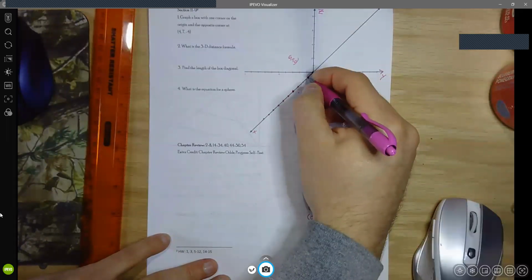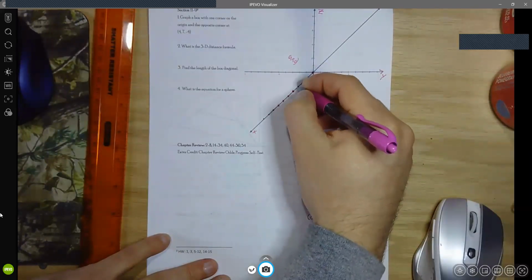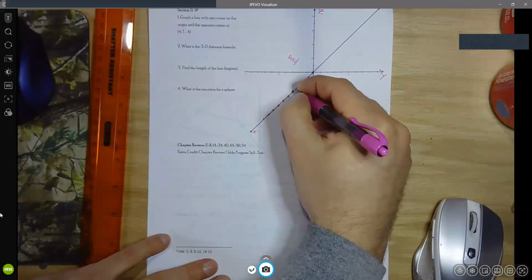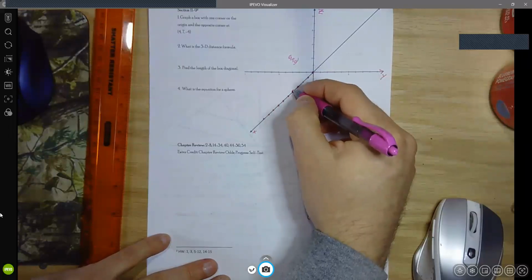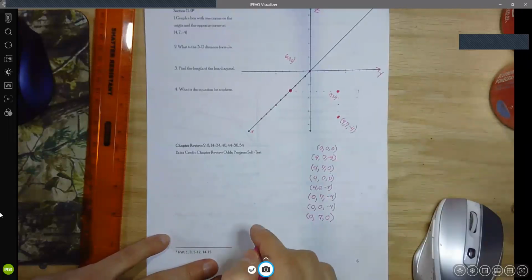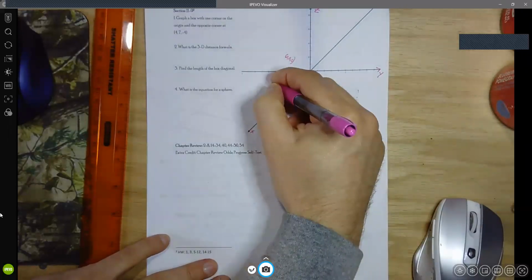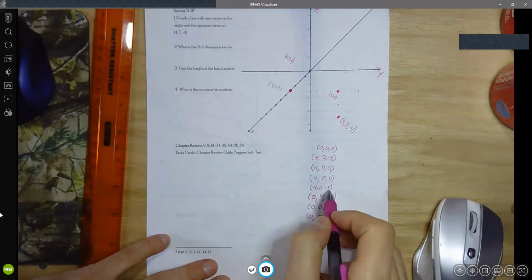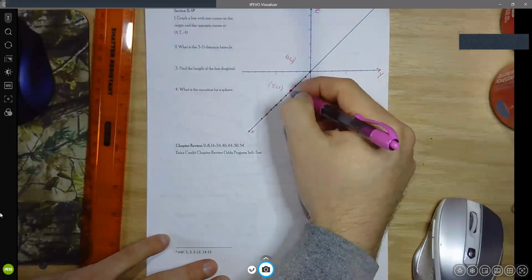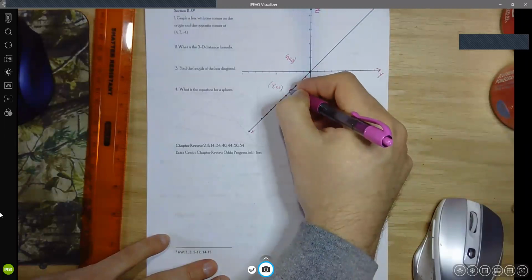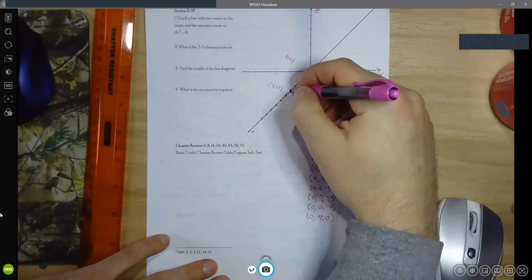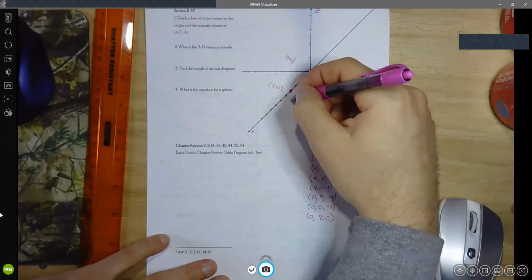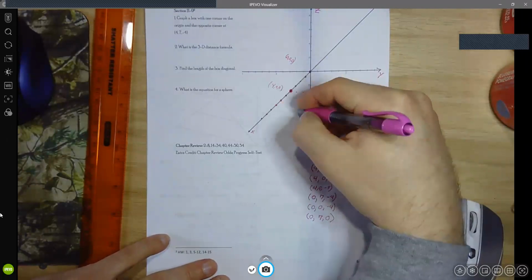So we just go 4 in the x direction, 1, 2, 3, 4, and nowhere in the y, nowhere in the z. Okay, so that's point 4, 0, 0. Now we have point 4, 0, -4. So 4, 0, and now -4 means we go down 4 from here, 1, 2, 3, 4.